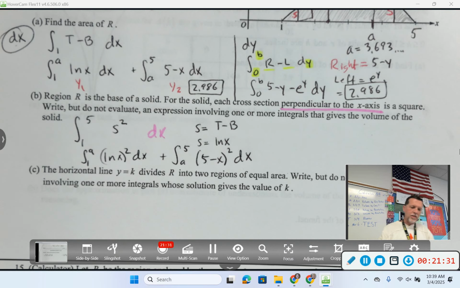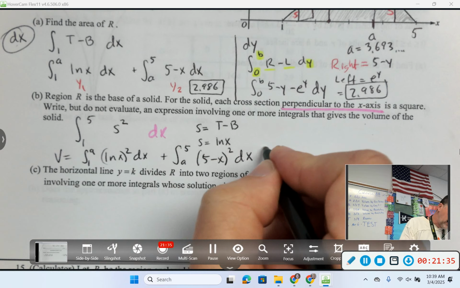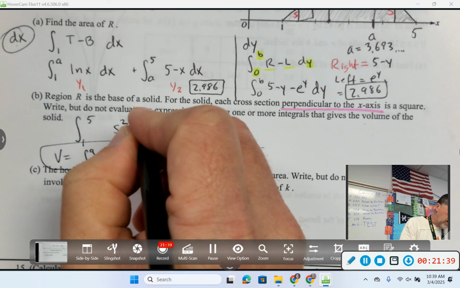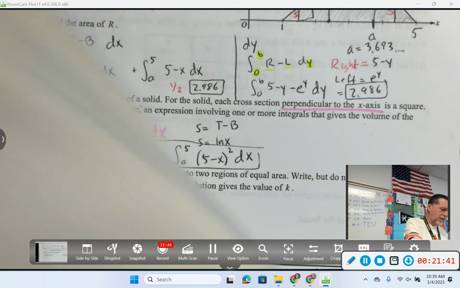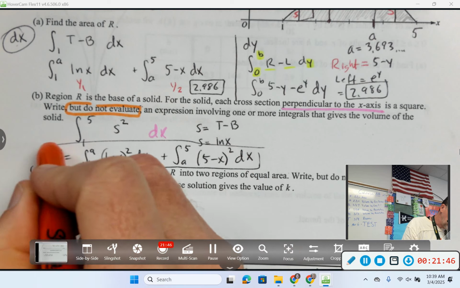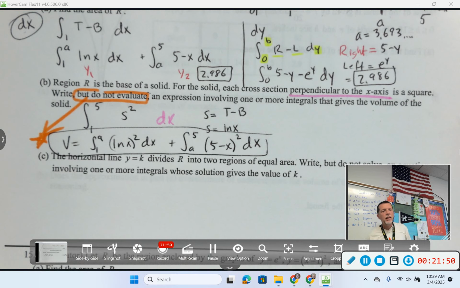Oh, you're right. Good. I don't have to do anything else. That's my volume. Right, but do not evaluate. So I'm done. I also would have been okay to write in y1 and y2.